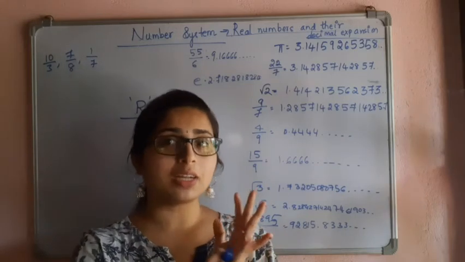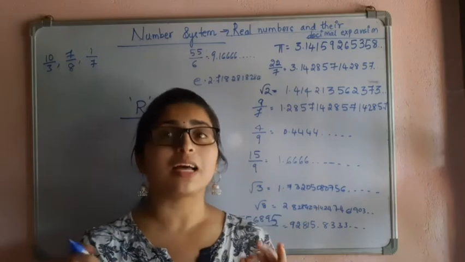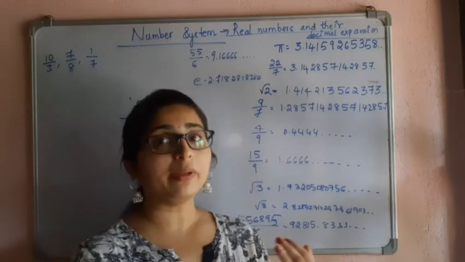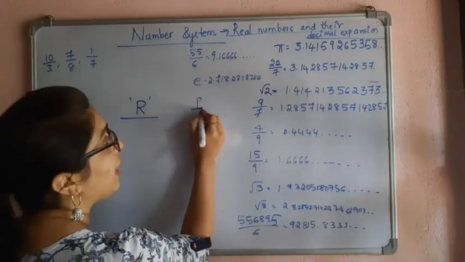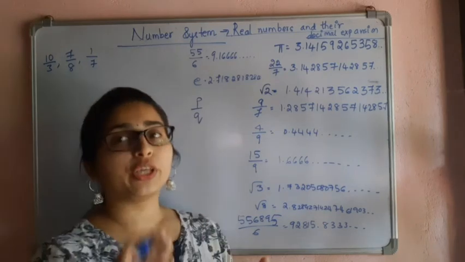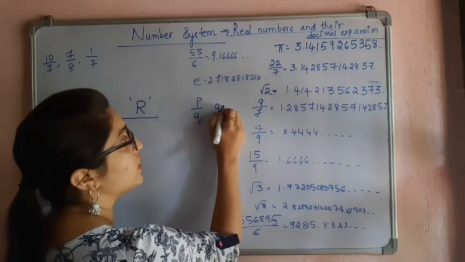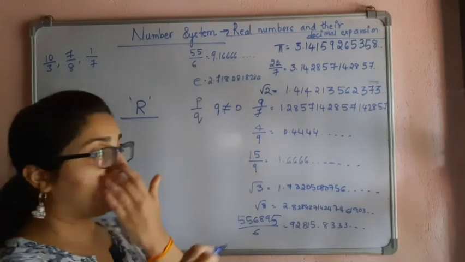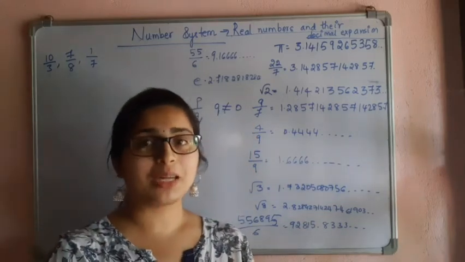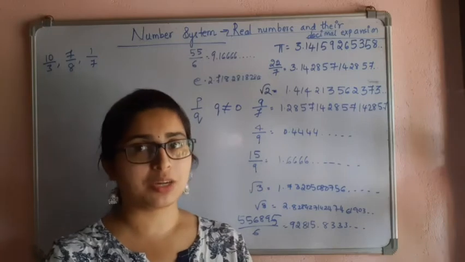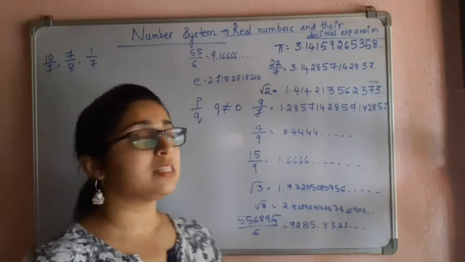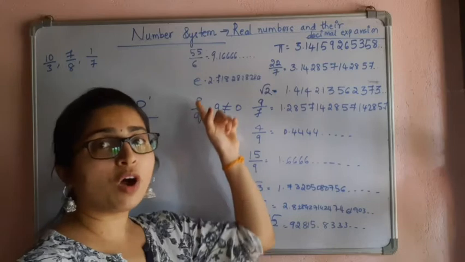What are rational numbers? Rational numbers are those numbers which can be written in the form of p by q, where p and q are integers and q is not equal to 0. Irrational numbers are just the opposite: numbers which cannot be written in the form of p by q.